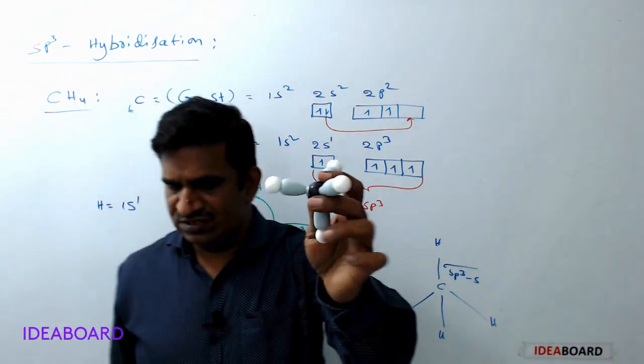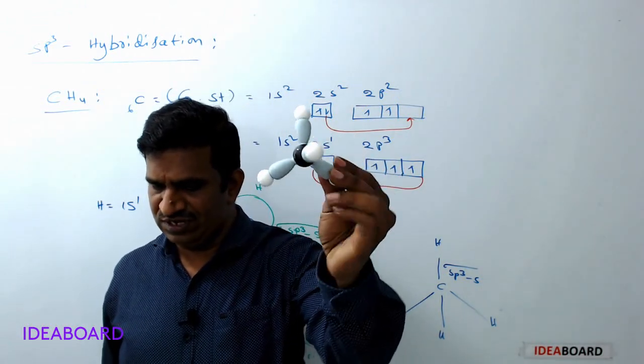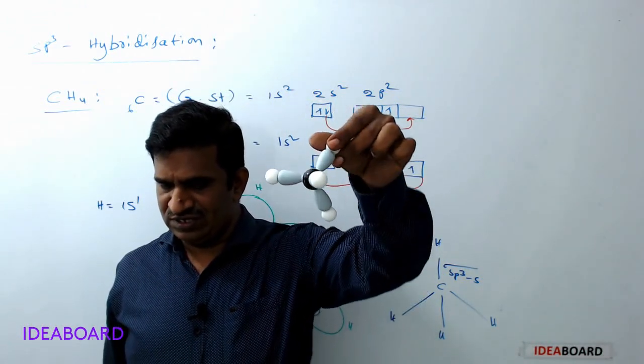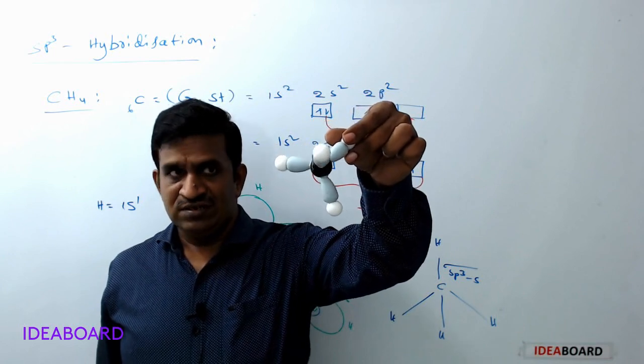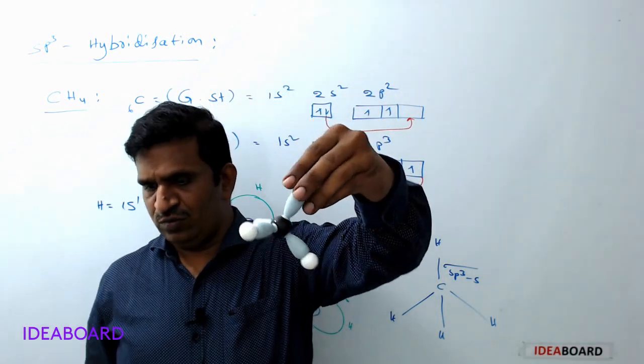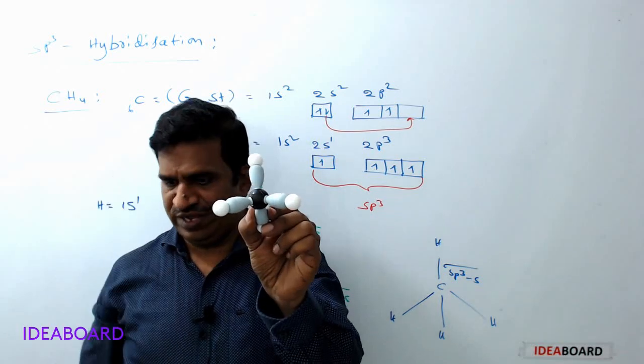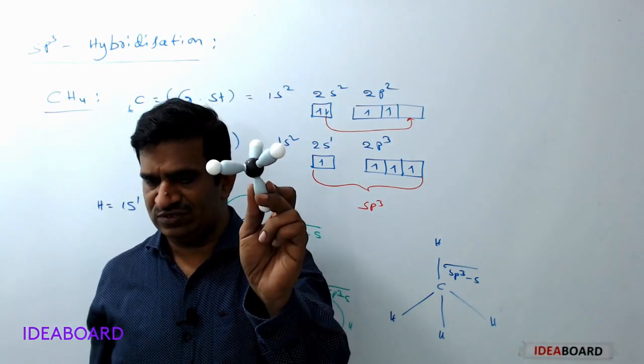And next, this is a CH4 molecule. See here, if you look at the structure from any direction, only two bonds are present in one plane. Please check and remember this also.